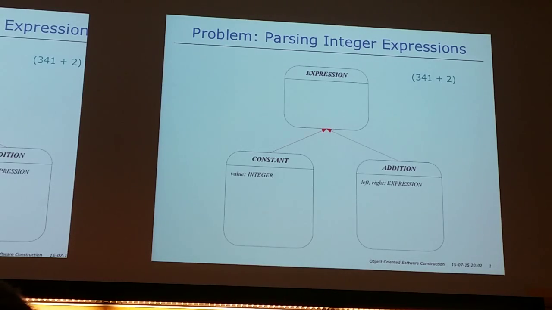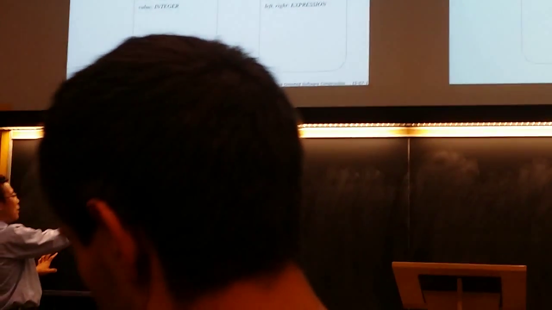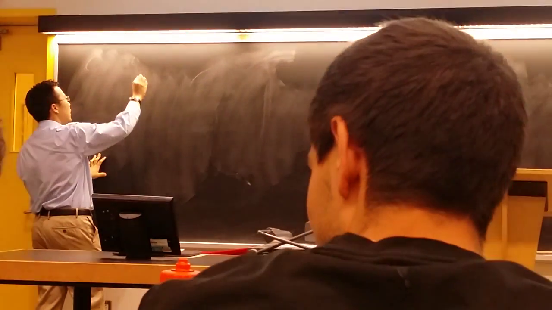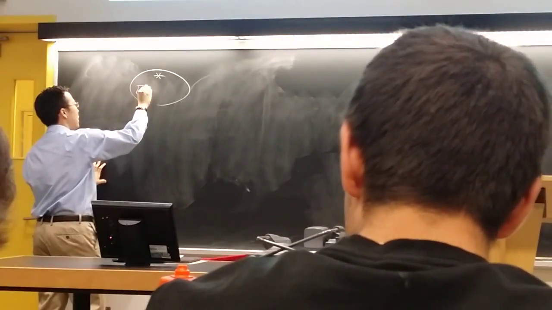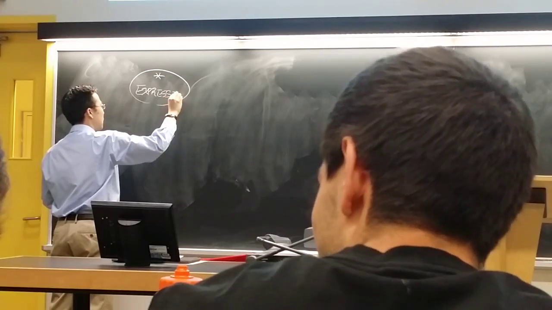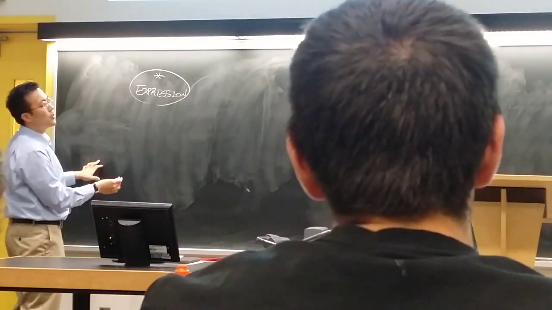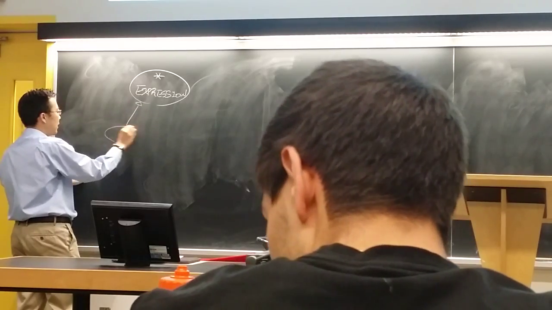How would you draw the diagram more closely to what we discussed before the workshop? So here you have expression at the top. Okay, so here you have the basic expression. So for example, we might say basic here.